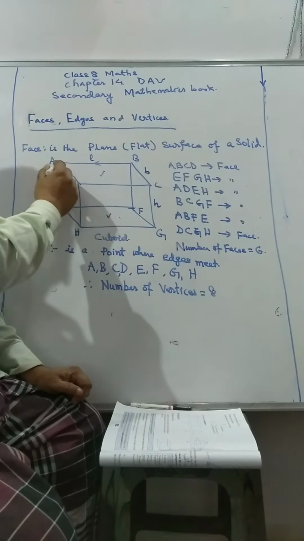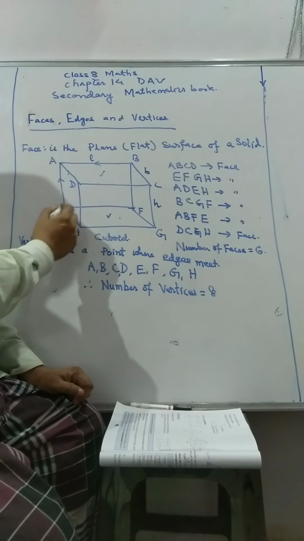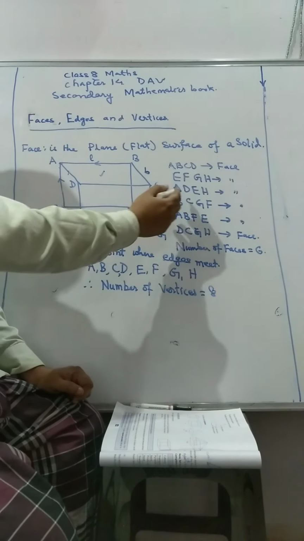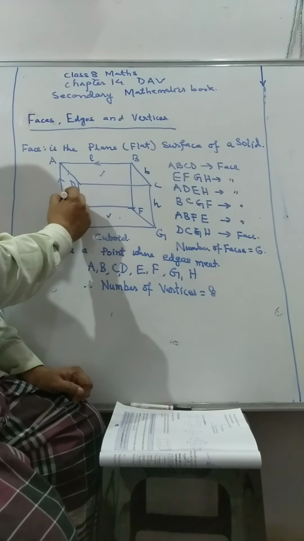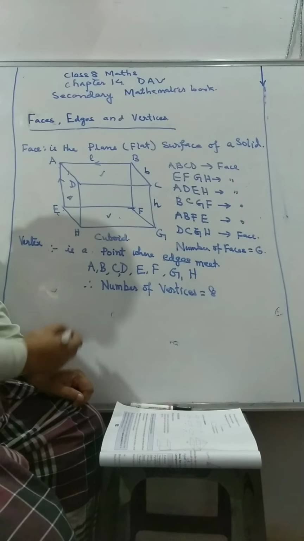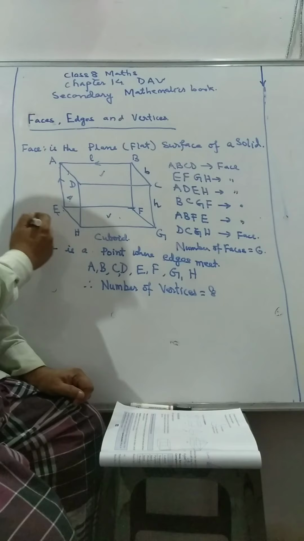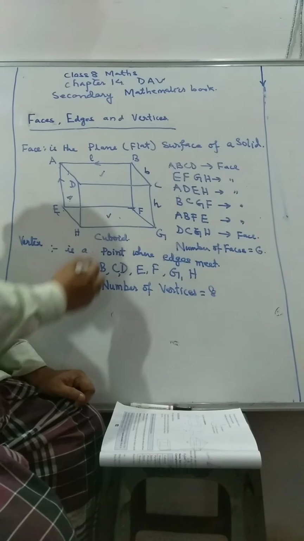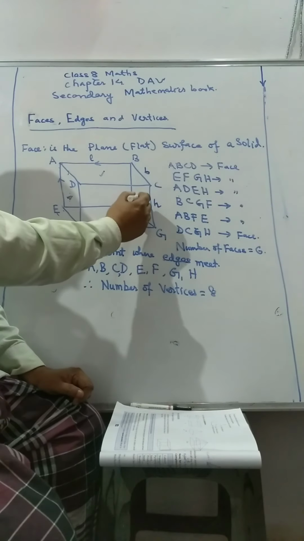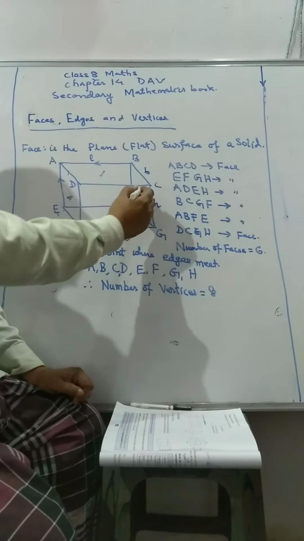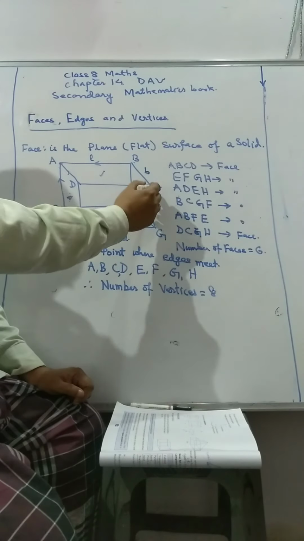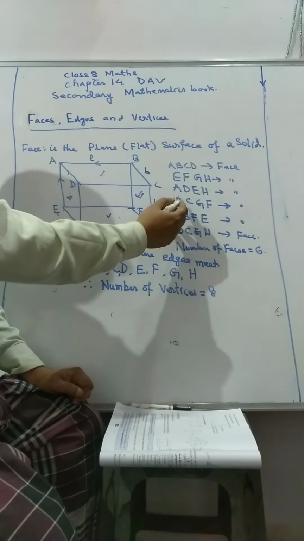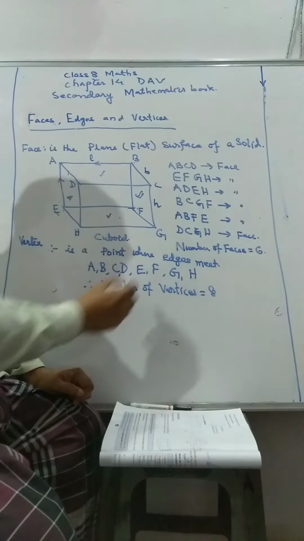Now I have written ADHE. This is also a rectangular shape, so it is also a face. A face is the plane or flat surface of any solid figure. In the opposite, this is also a rectangle, BCGF is also a face.